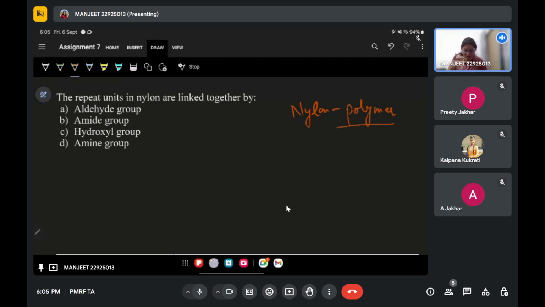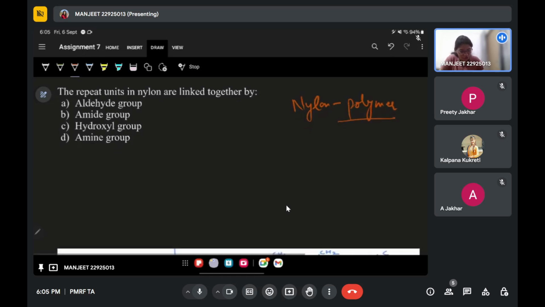So what will be the repeating unit? Is it the aldehyde group, amide group, hydroxyl group, or amine group? Which of the following is the repeating unit in nylon?